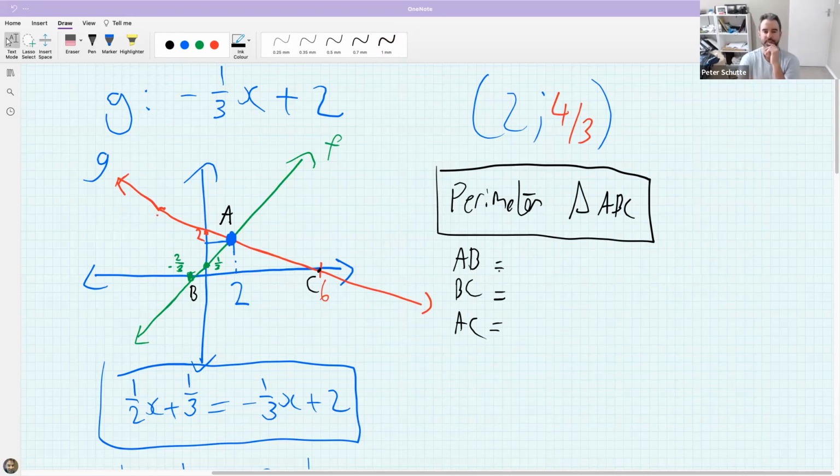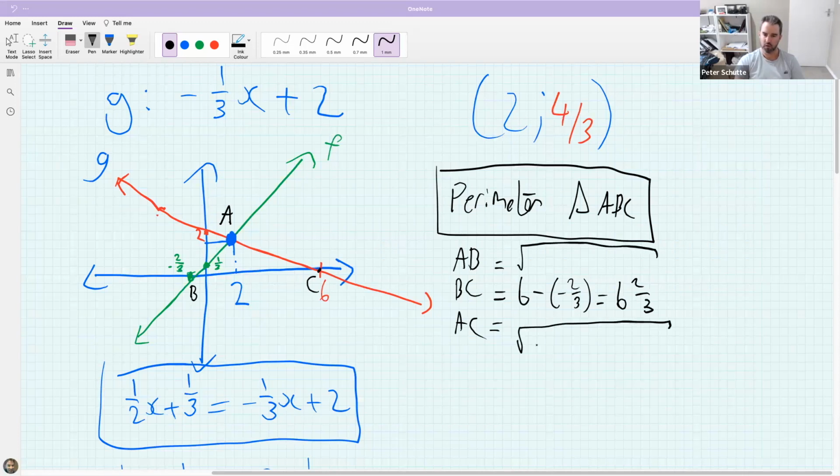So I want you to go ahead and do that. See if you can find what the perimeter of the triangle that I've made is going to be.